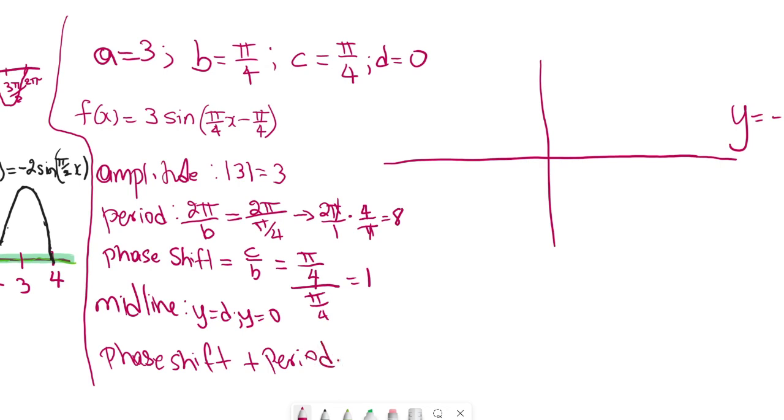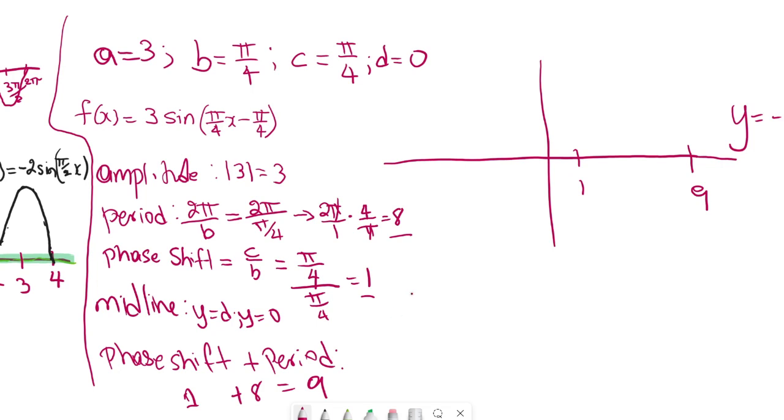So this will tell us where the graph should end. For instance, our phase shift is 1 plus your period, which is 8. So this means the graph is going to end at 9. And we start at 1, right? The graph is going to end at 9 and we start at 1.